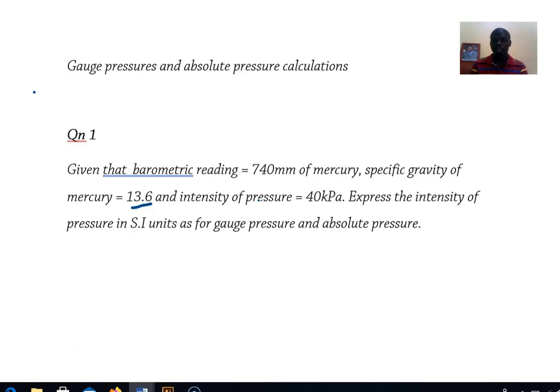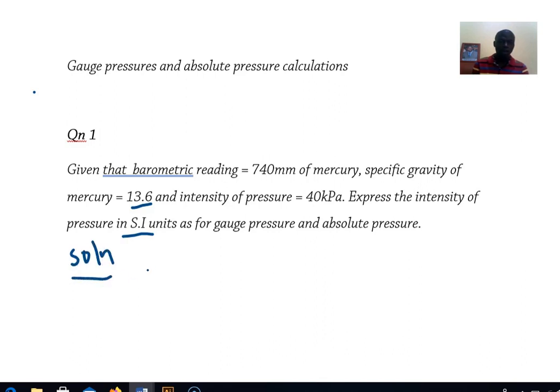Then the question is saying express the intensity of pressure in SI units as gauge pressure and absolute pressure. So first of all, let us solve.